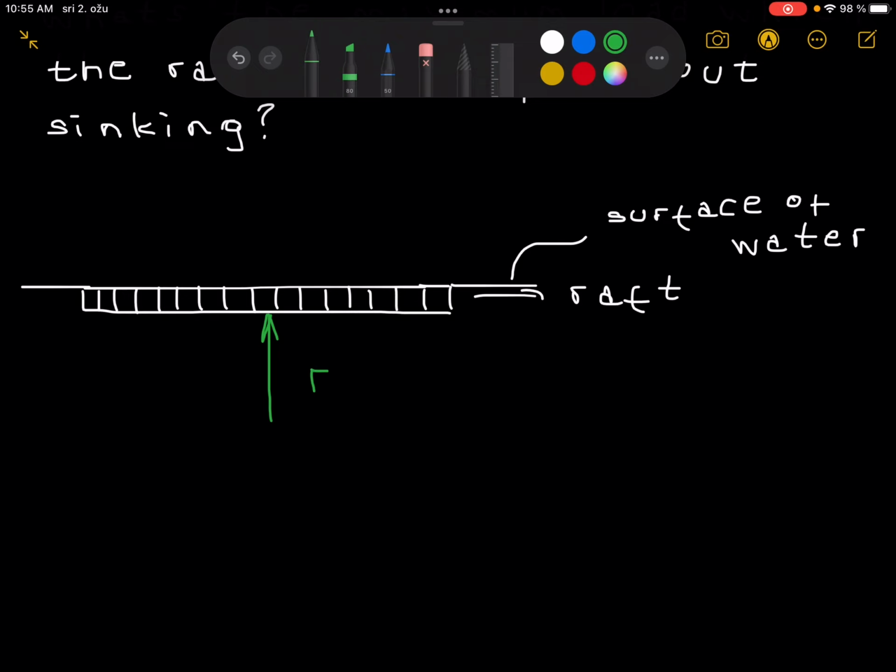So this is F Archimedes, with a capital A. And now right here we have another force. We actually have two forces.